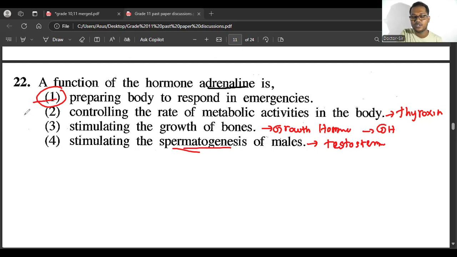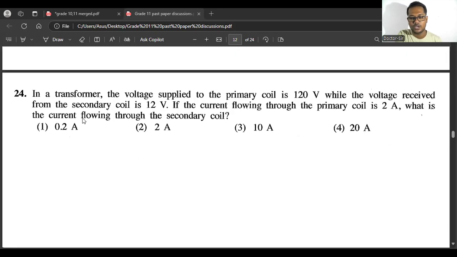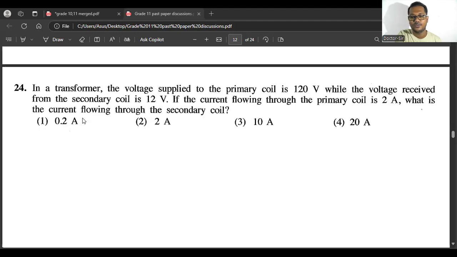How many of you got this idea? You got this answer? Most of you got this answer. So let's go for the next question. This is the 24th question.